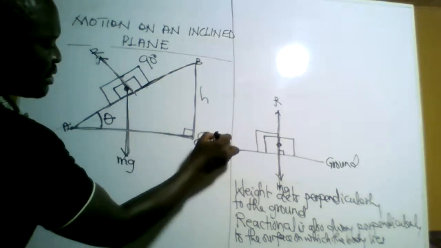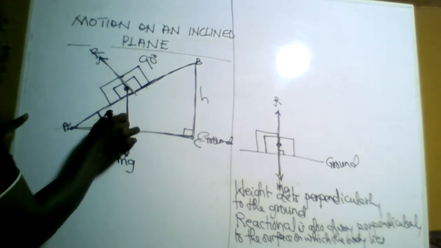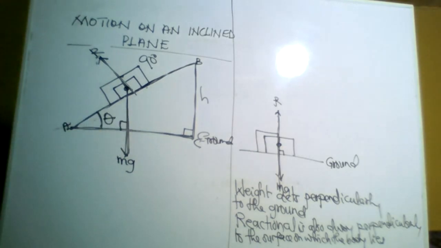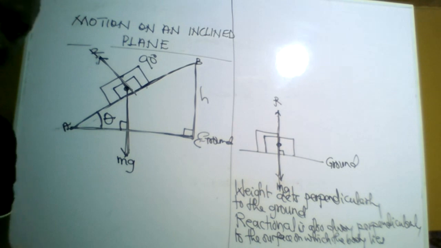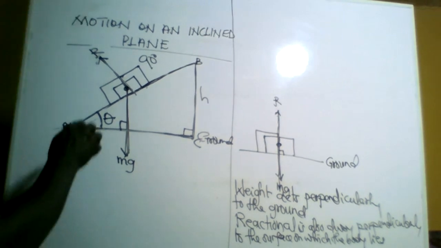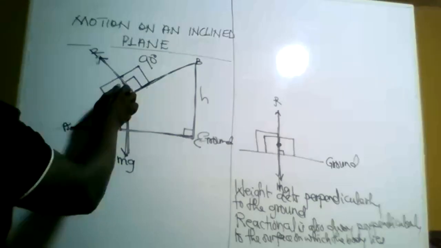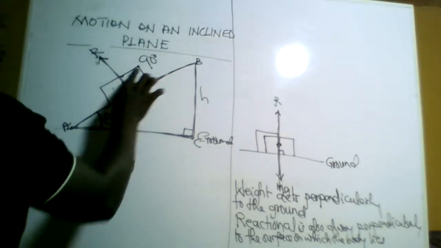This is the ground. So from the weight to this, we have an angle of 90 degrees here. Class, are we okay? All right. So there is this relationship, weight and this.